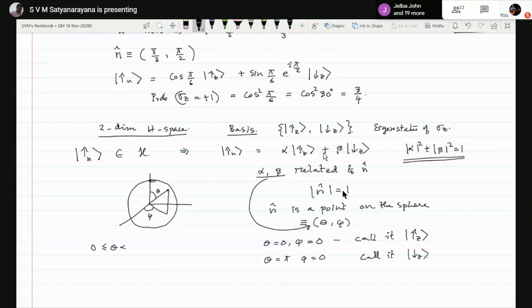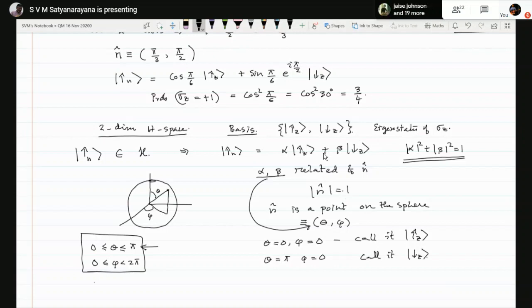That means theta must be from 0 to pi, and phi must be from 0 to 2 pi, as in spherical polar coordinates. And because of this, every point is one of the states.